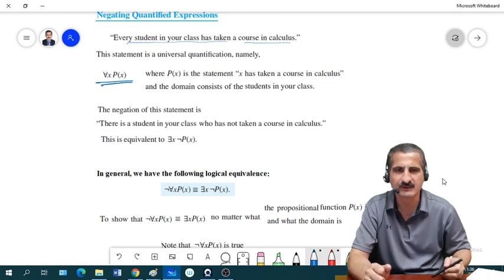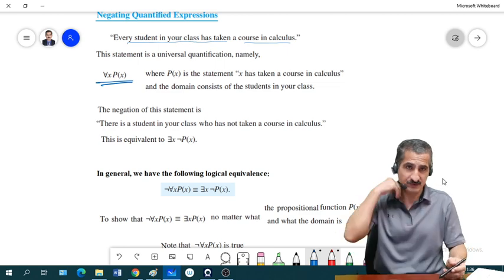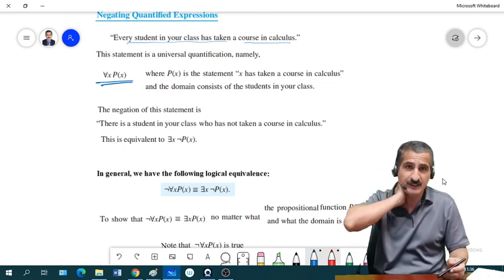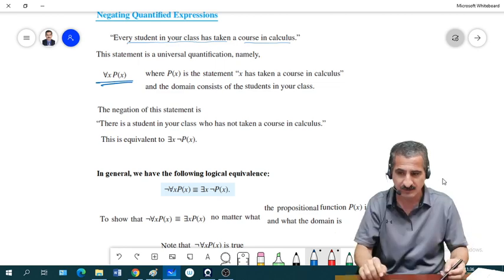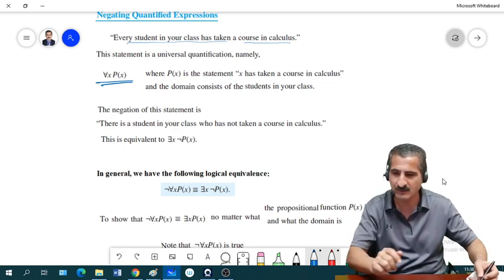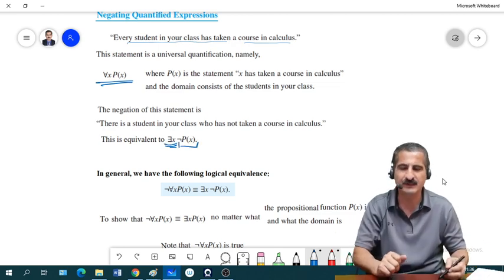This is a statement. How could this statement be false? It could be false if there is one student who did not take the calculus course. Here we go. There is one student who did not take the calculus course.